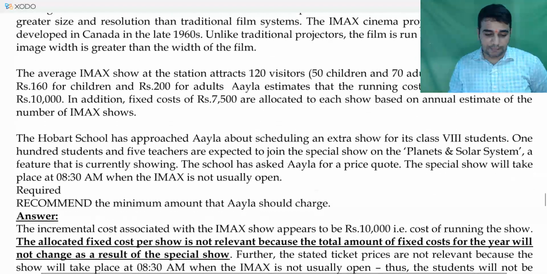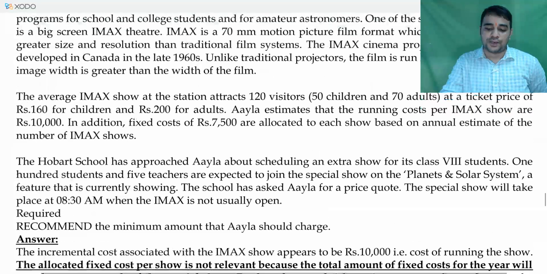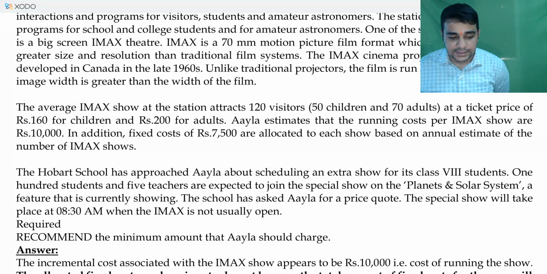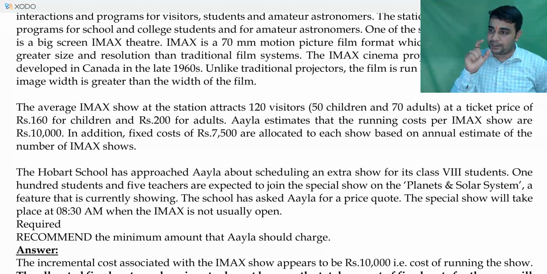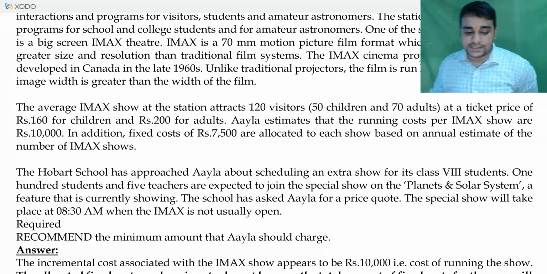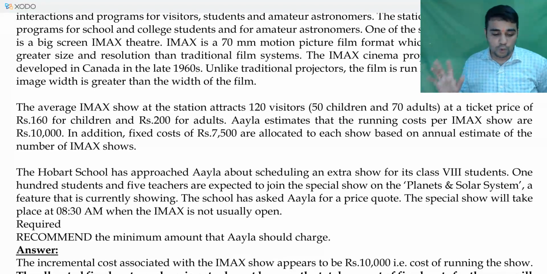Hobart School has approached ILA about scheduling an extra show for its class 8 students. 100 students and 5 teachers are expected to join the special show, a feature that is currently showing. The school has asked ILA for a price quote. The special show will take place at 8:30 a.m. when the IMAX is not usually open.